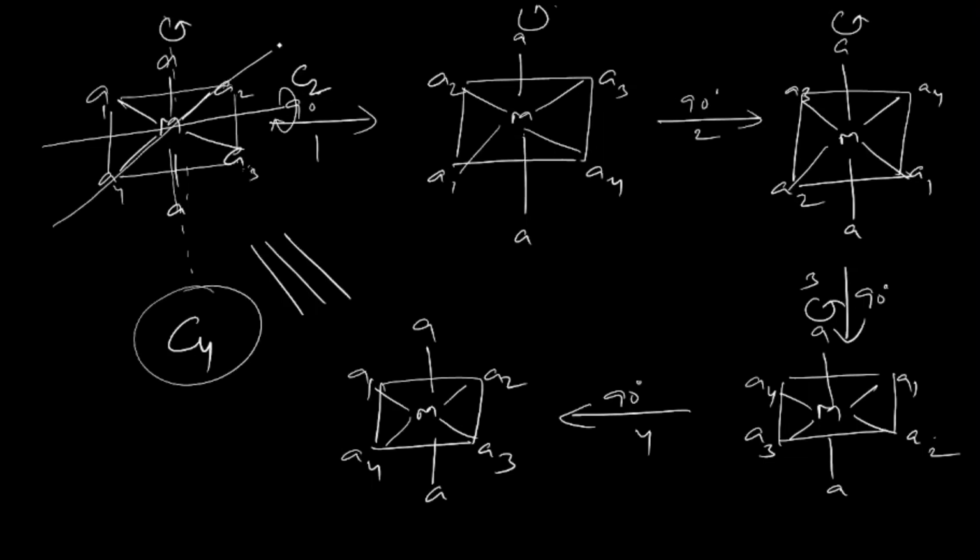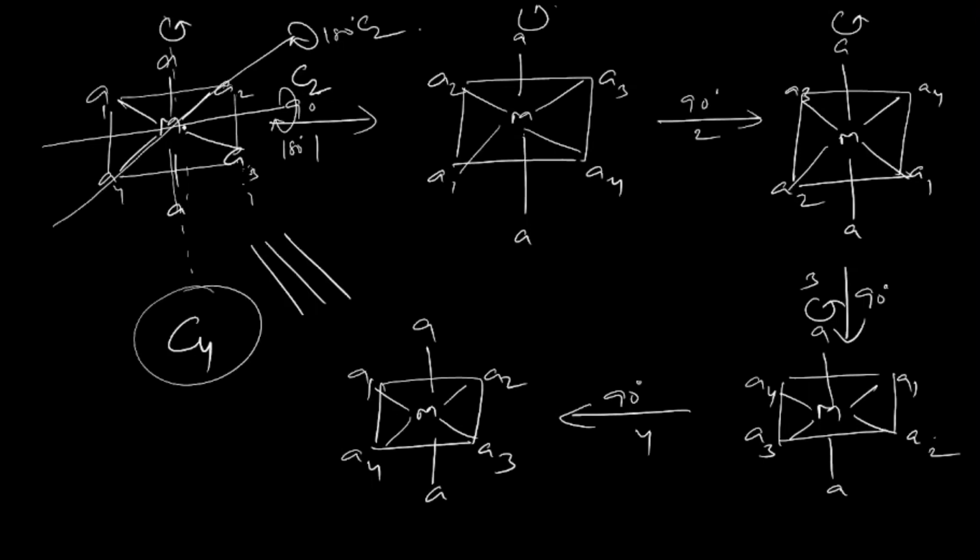If you take this way, how many rotations? First rotation 180 degrees, right? First rotation, A3 will go there, A1 will come here, correct? Second rotation, A1 will go there and A3 will come here. So here also a C2 axis of rotation, correct?